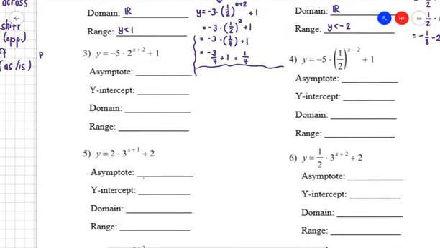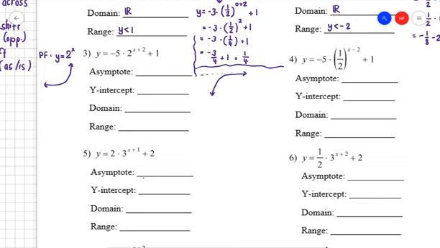On number 3, our parent function is y equals whatever's being raised, so 2 to the x. So that is a growth. My new function has a negative in front, so it is reflected, which means it looks like that.